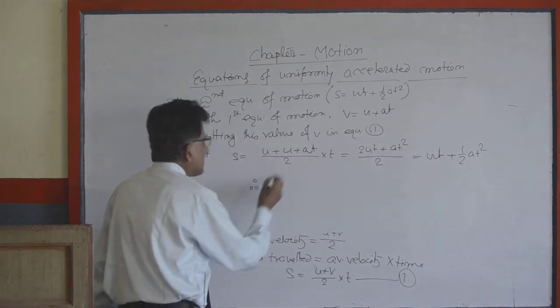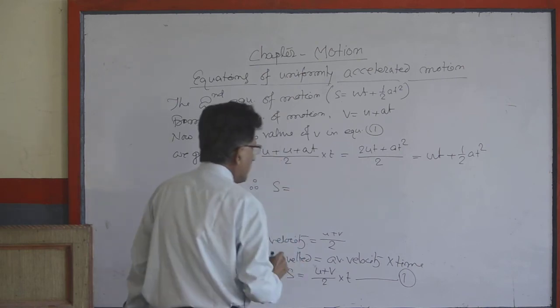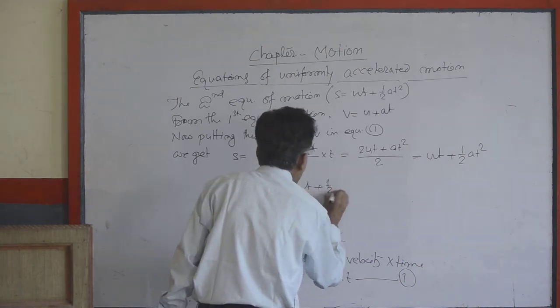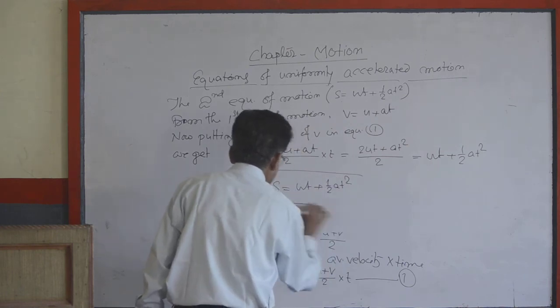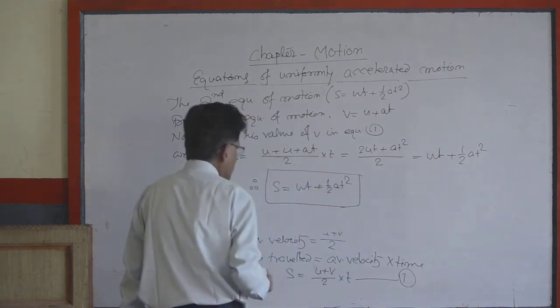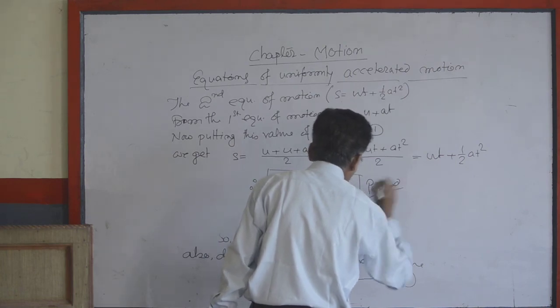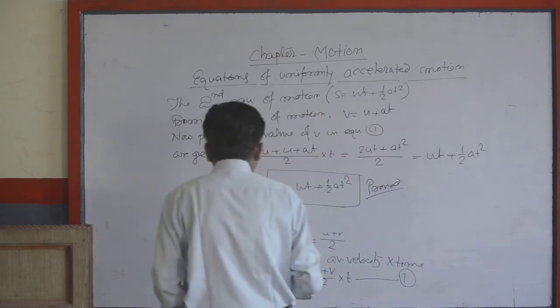So s equal to ut plus half at square. Proved.